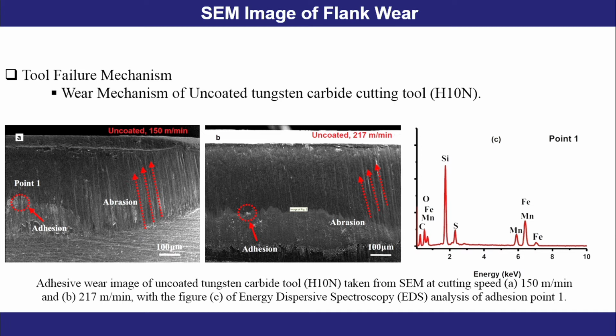Again, I am showing you this scanning electron microscopic view of cutting tool wear. For the cutting tool HSS10, you see these are the edges, here the adhesion occurs, then this is the wear. This particular cutting tool is for 150 meter per minute, and it is an uncoated cutting tool.